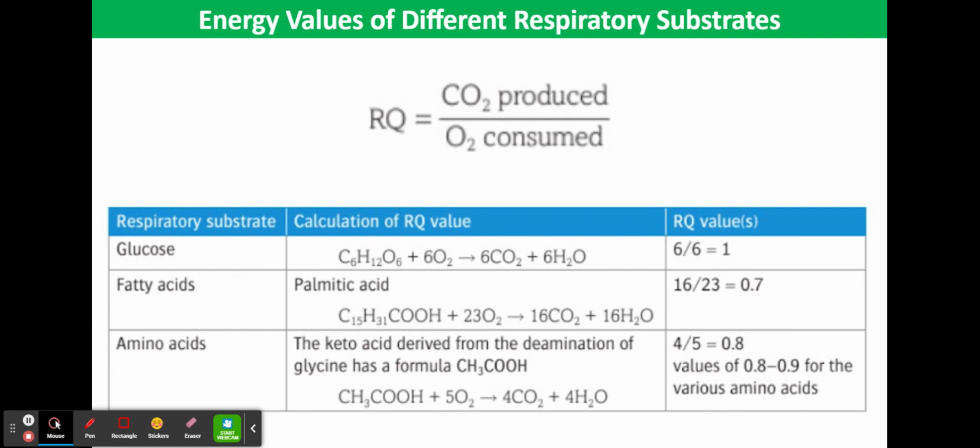Because it's a ratio, there are no units. If the RQ value is greater than 1, this indicates that some anaerobic respiration is taking place, because it shows that more carbon dioxide is being produced than oxygen is being consumed.